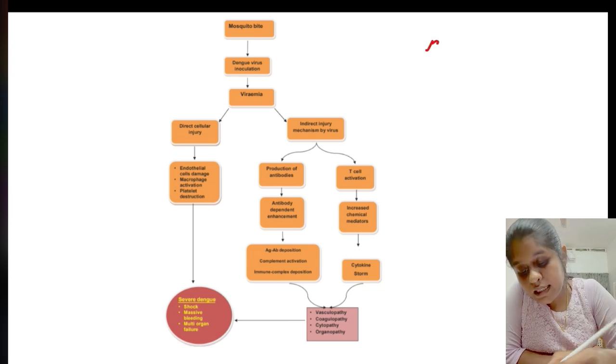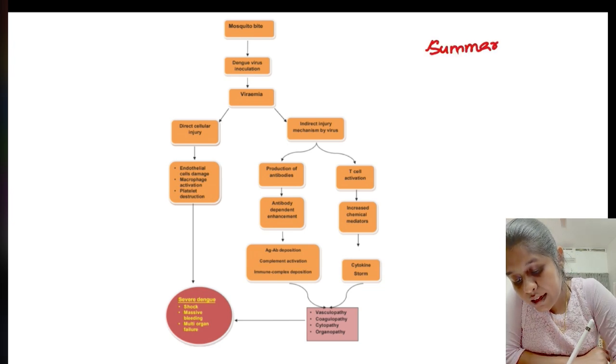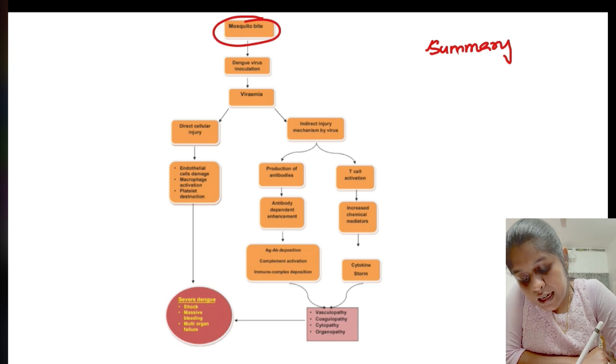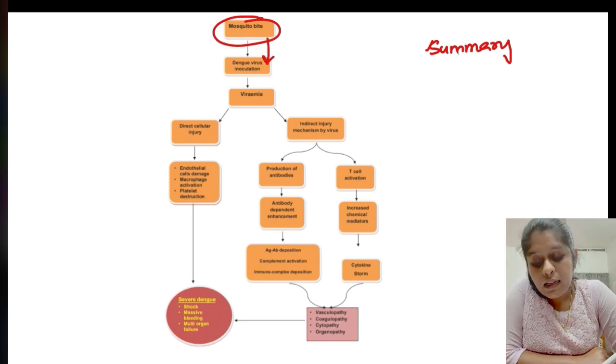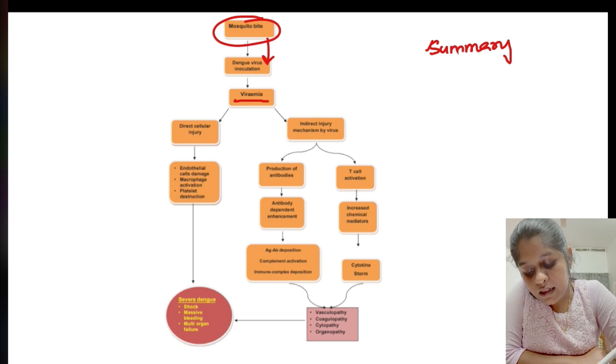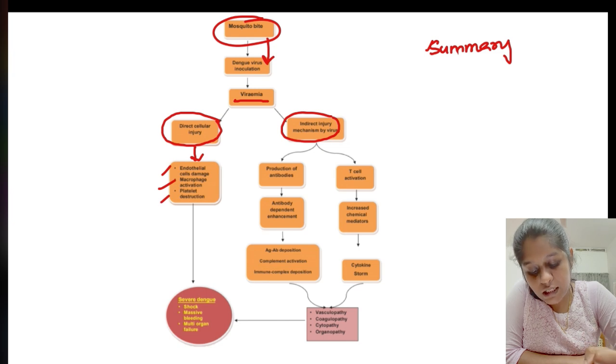So we will summarize everything. Whenever the patient has a mosquito bite, the dengue virus will enter the body and cause inoculation and incubation. Then there will be viremia. After the viremia, there will be direct cellular injury and indirect cellular injury. Direct cellular injury will cause endothelial damage, macrophage activation and platelet destruction. Indirect injury will produce antibodies and T cell activation.